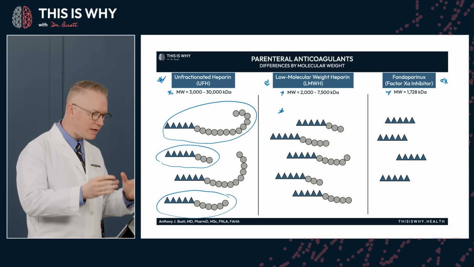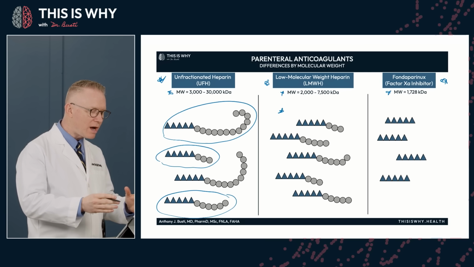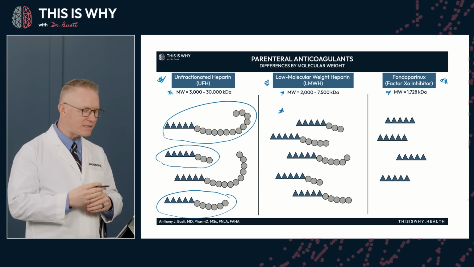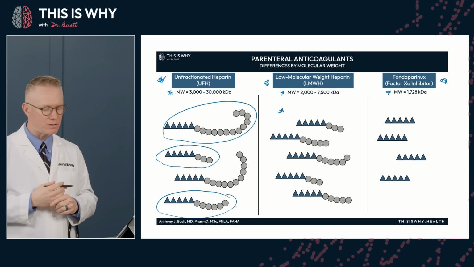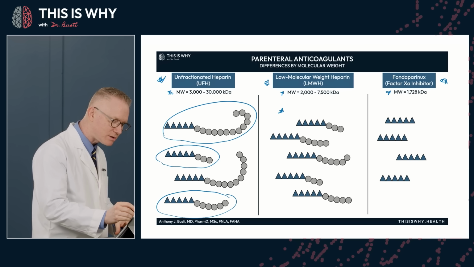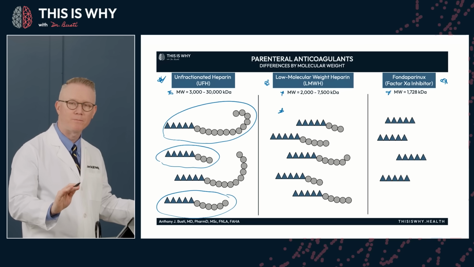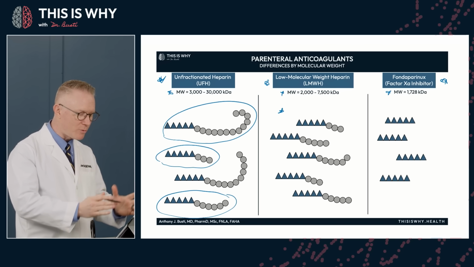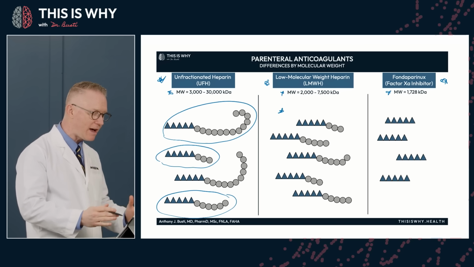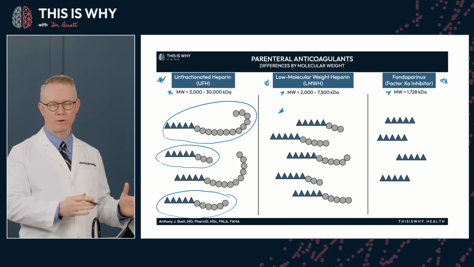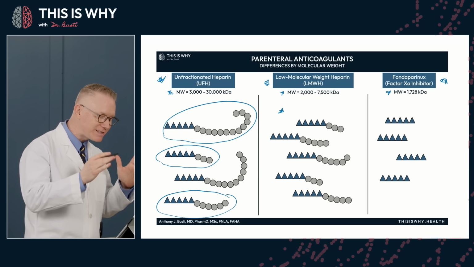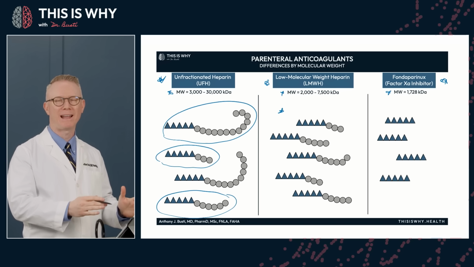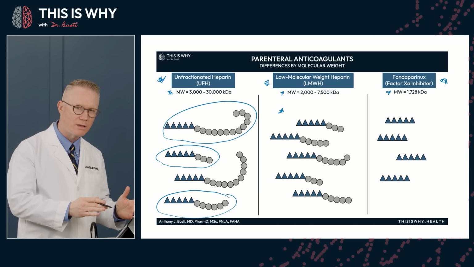Now, what are these triangles that you see here? That's the pentasaccharide sequence. That pentasaccharide sequence is consistent with all of them, right? Unfractionated heparin, low molecular weight heparin, Fondaparinux all have the pentasaccharide sequence because that is the essential component to binding to antithrombin.